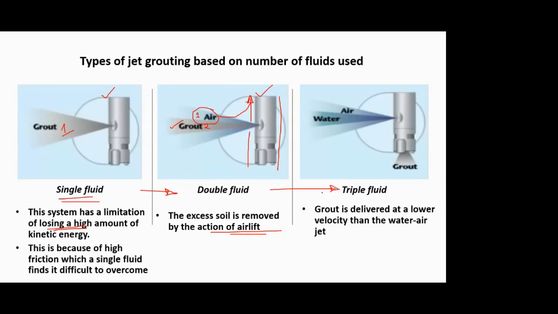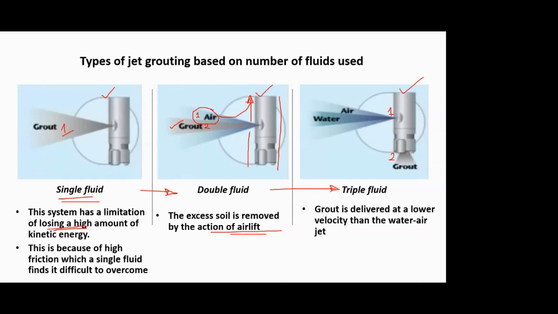One more advancement over this double fluid is triple fluid grouting. Here again the nozzle is the same, but the difference is that now you have three kinds of fluid and two outlets. This is outlet 1, this is outlet 2. Outlet 2 is at the bottommost side of your nozzle, or you can say there is a second nozzle.